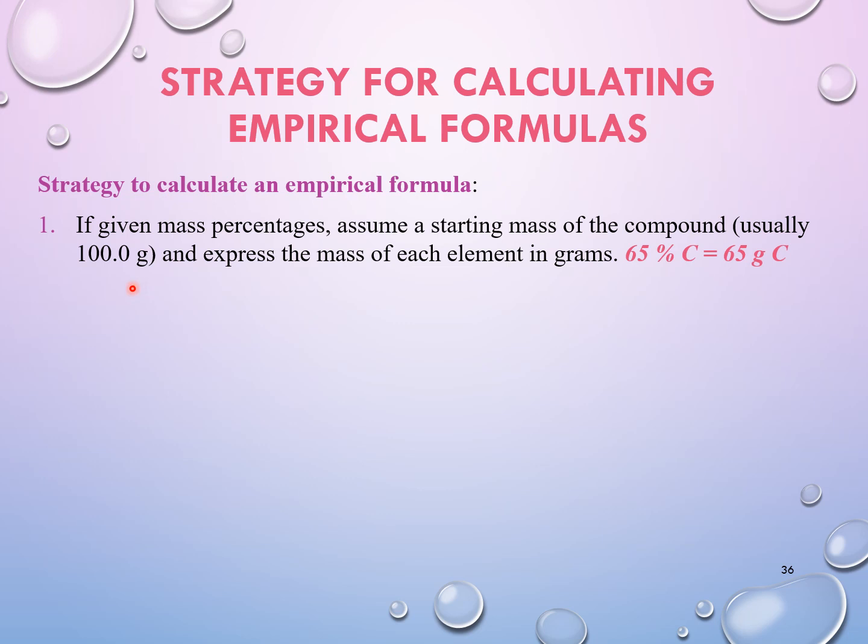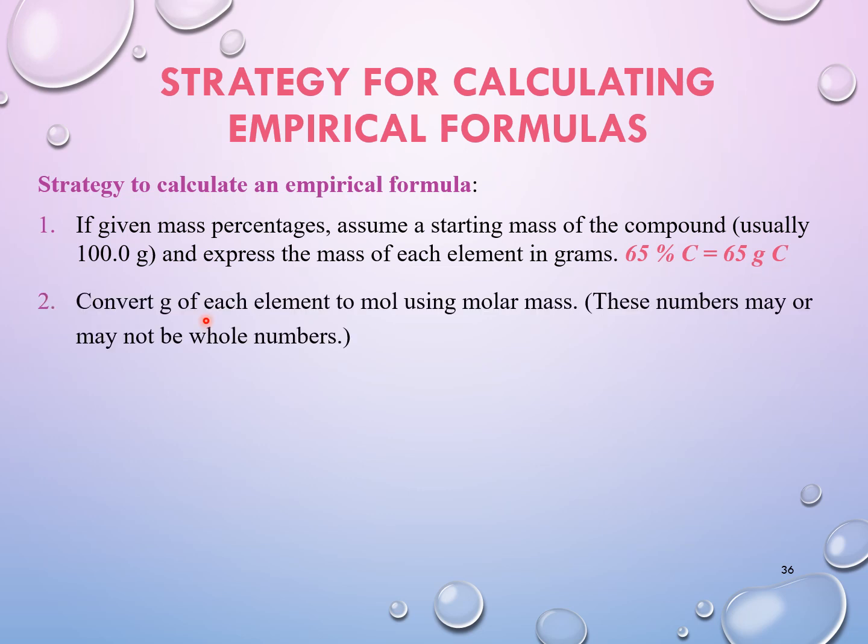If we're talking percentage, we always assume 100 grams, because then we can say if it's 65% carbon, we assume the whole 100% is 100 grams. Therefore, 65% carbon will be 65 grams of carbon. It will make our math a lot easier. And then once you have grams, sometimes they provide grams right away. If you already have grams right away, you can just go straight to step 2.